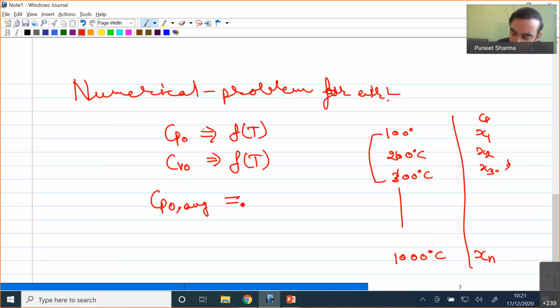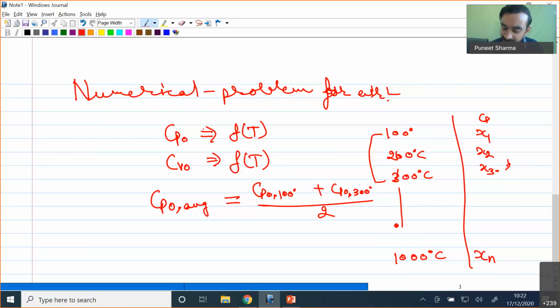If my range of temperature is from 100 to 300, CP naught average is equal to CP naught corresponding to 100 plus CP naught corresponding to 300, divided by 2, and I can use this average value of specific heat. Similarly, I can do it for CV naught also, and use this average value for solving my numerical problems.